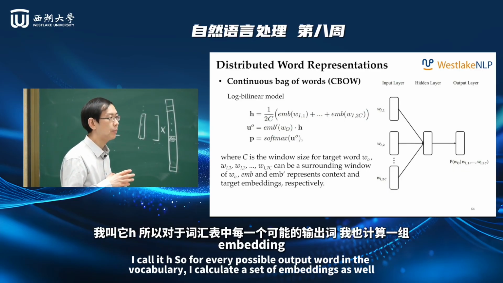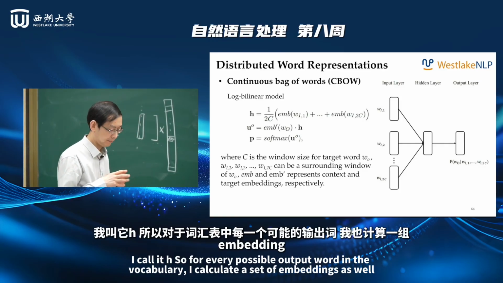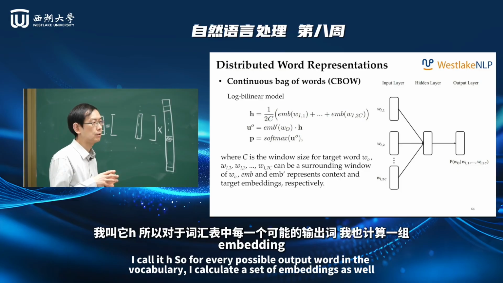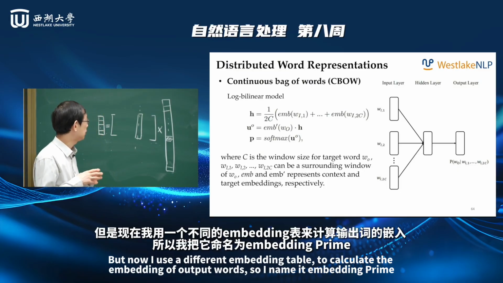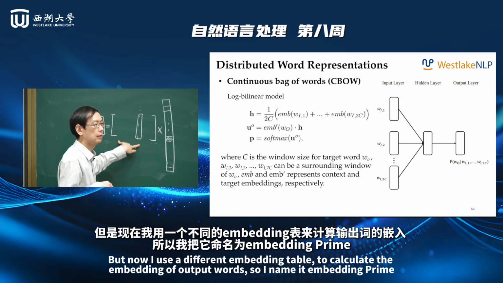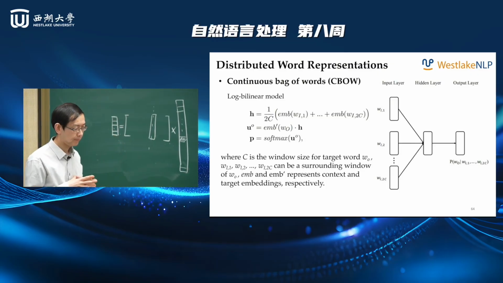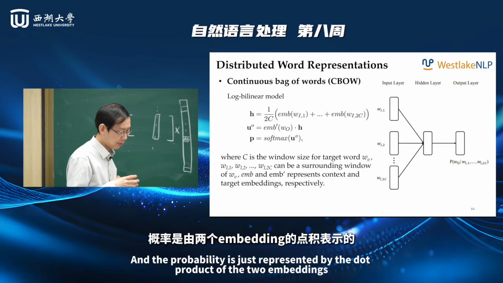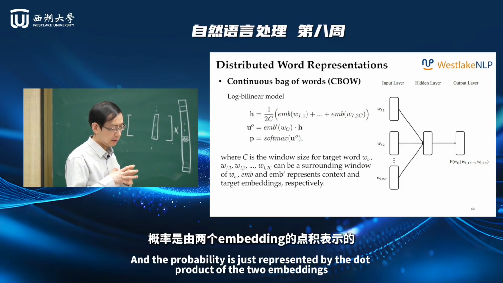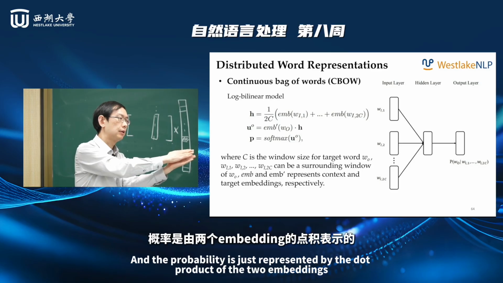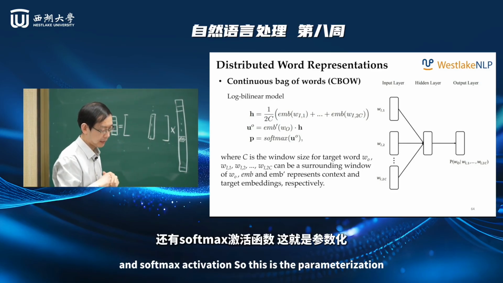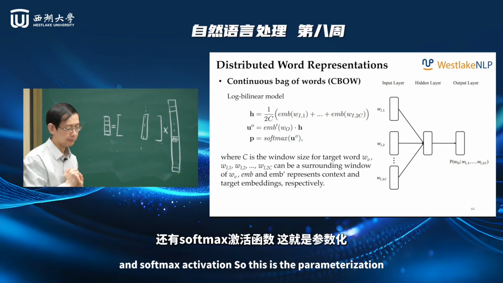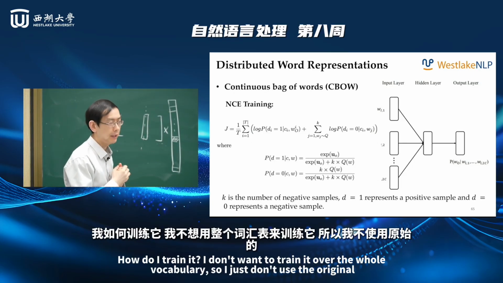For every possible output word in the vocabulary, I calculate a set of embeddings as well, but now I use a different embedding table to calculate the embedding of output words. So I name it embedding prime. The probability is just represented by the dot product of the two embeddings and the softmax activation. So this is the parameterization. How do I train it?